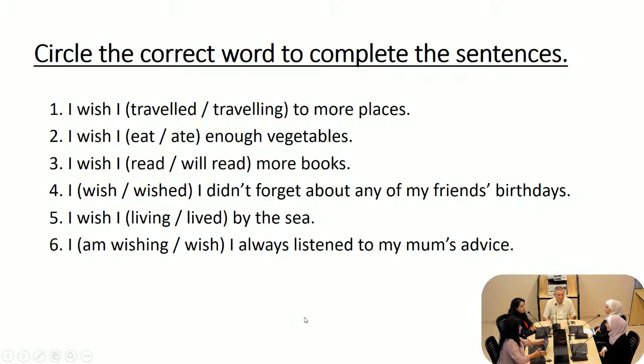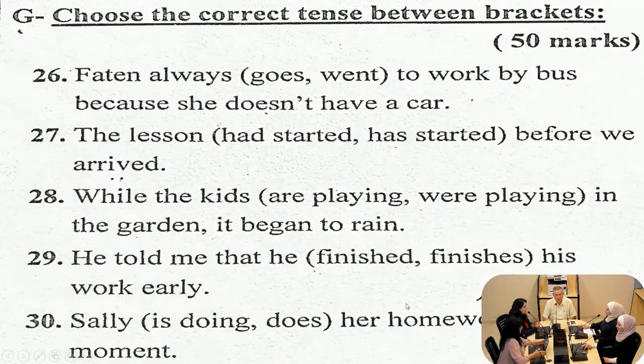Number 4, I wish I didn't forget about any of my friends' birthdays. 5, I wish I lived by the sea. 6, I am wishing or I wish I always listened to my mom's advice. I wish. We all wish that. The following slide.